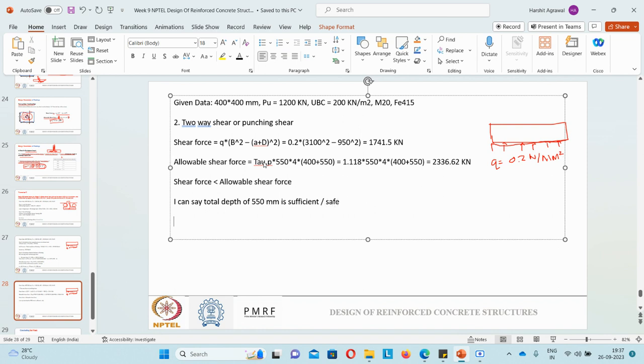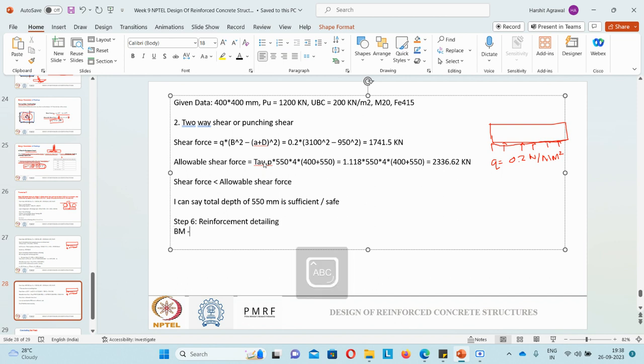Okay, now the next step is reinforcement detailing, and in reinforcement detailing we will only check the minimum reinforcement criteria. So step 6 is reinforcement detailing. For that we first need to calculate the ultimate moment which is acting. How can we calculate it? By the first condition.